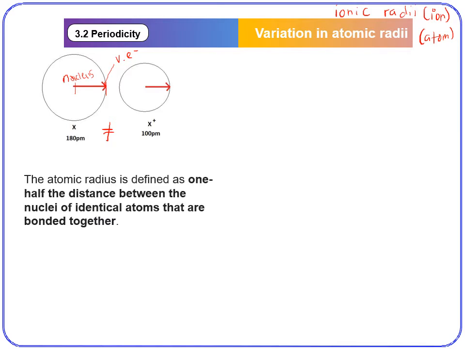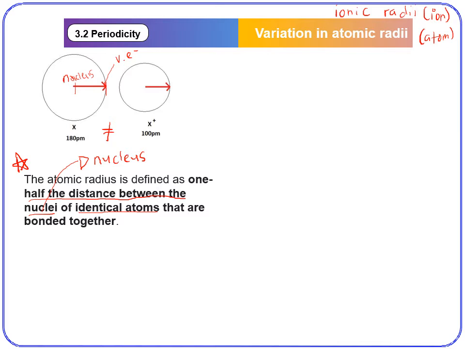However, if you look at the definition, we define it as half of the distance between the nuclei of identical atoms. If we only have one nucleus, we read it as nucleus, singular.